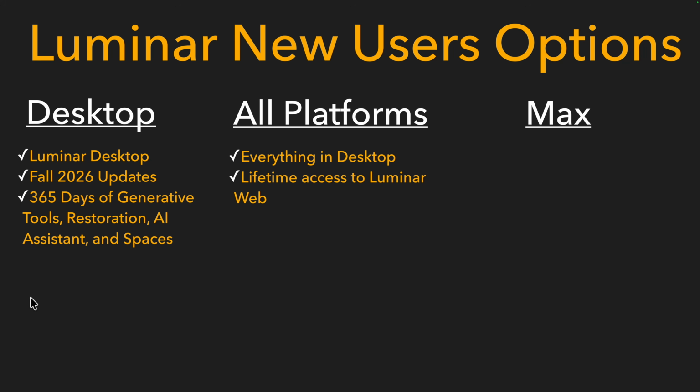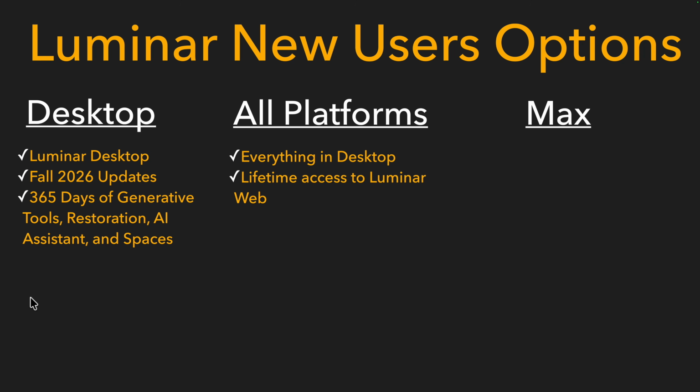The second option is the all platforms option. This is going to give you everything that's inside the desktop, but you're also going to receive lifetime access to Luminar Web. That's a new feature that's coming out in the fall. So again, if you haven't checked out that video, I highly recommend that you go watch it after this, but just pay attention to what you're getting here with all platforms.